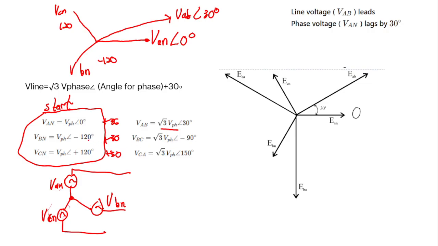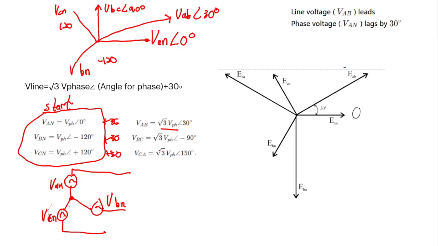Then the next one is minus 120 plus 30. That will give you VBC, which will be at minus 90 degrees. Remember, this direction is positive, right? So this will be VBC at angle minus 90 degrees. And this one here is 120 plus 30 degrees, right?